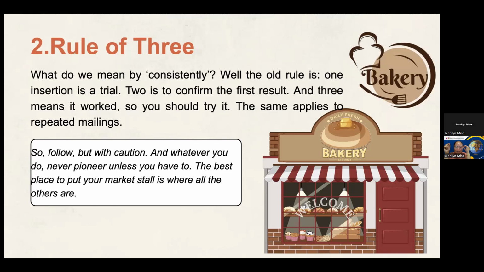If you notice an increase in foot traffic and sales during the period following this ad, it indicates that the first ad resonated with your audience. After confirming the positive response, you can run a third ad. If you continue to see a consistent increase in customers and sales, you can confidently conclude that advertising in this magazine is effective for your bakery.